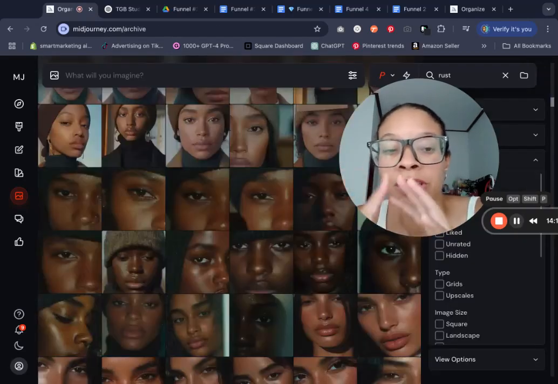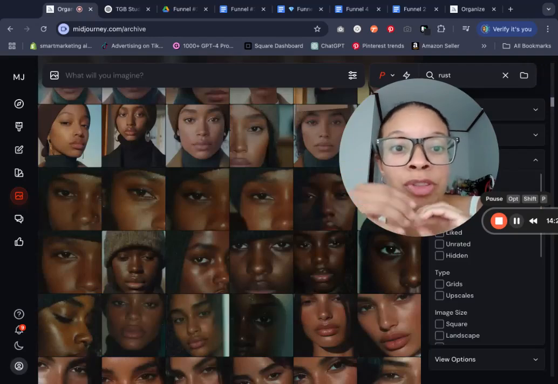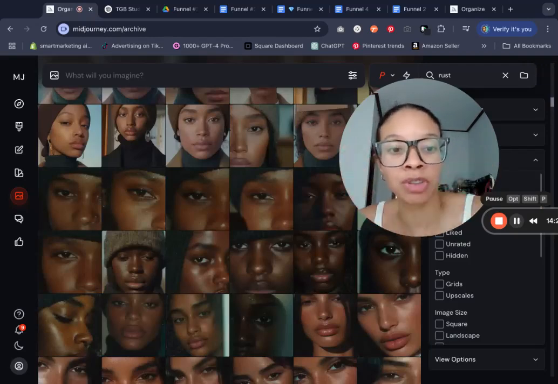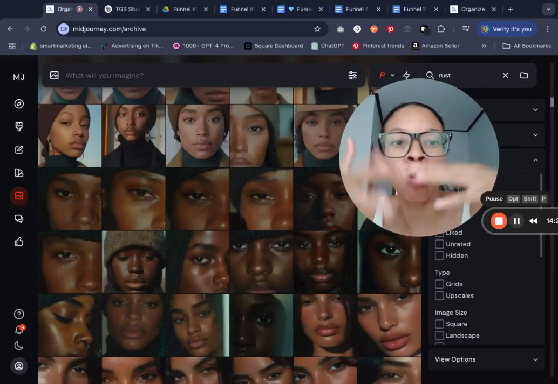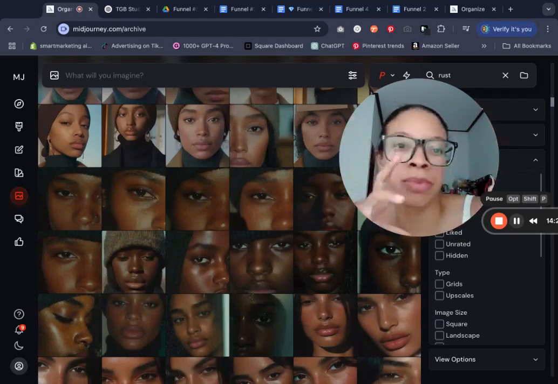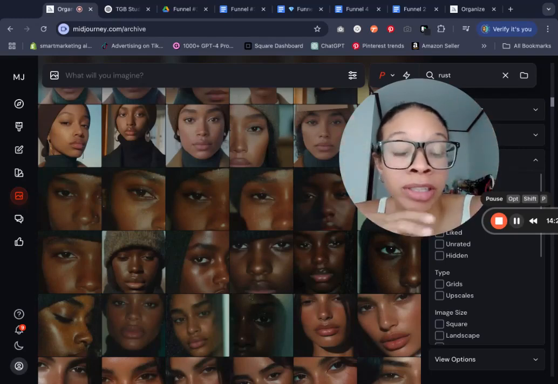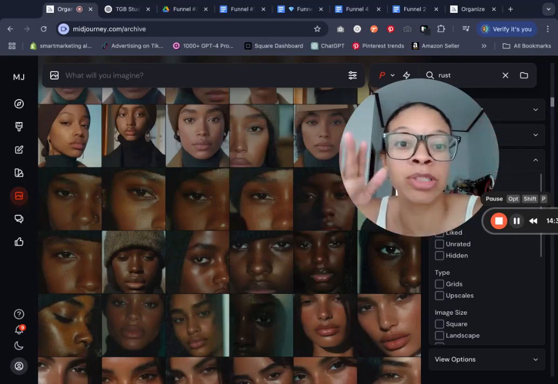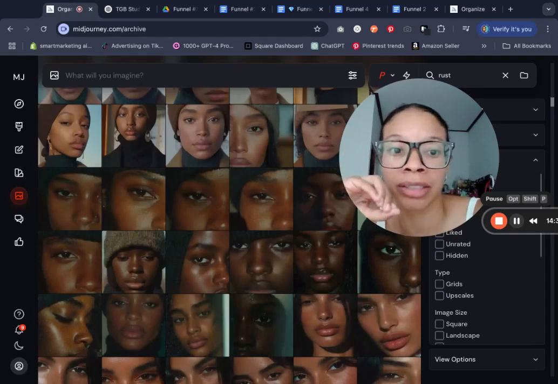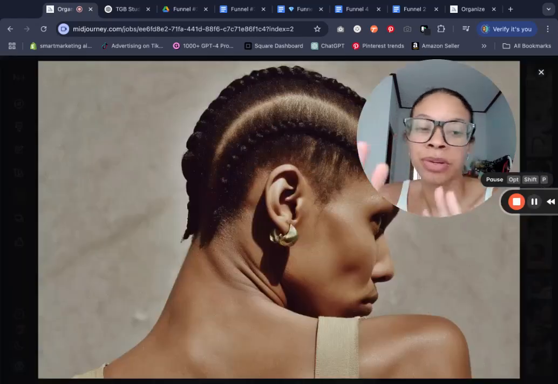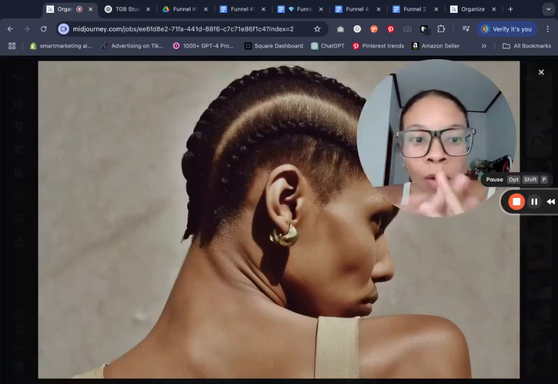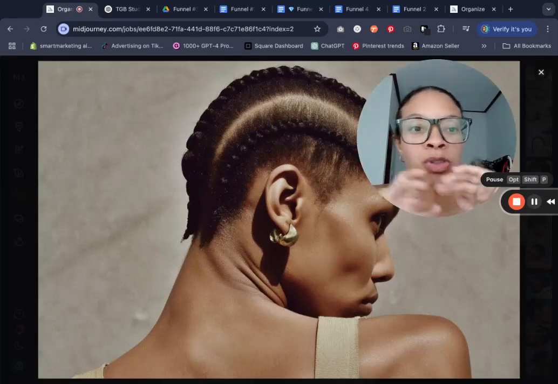I also find using rust to describe a type of tone of the image will give you an interesting color grading that's warm, but also dark and moody, right? It's not super overly red, but it's really warm, has a lot of warm undertones, and it can give you some really interesting shots.